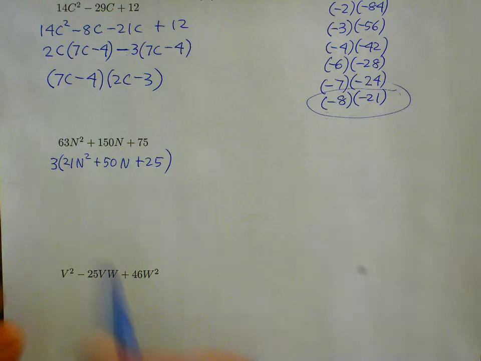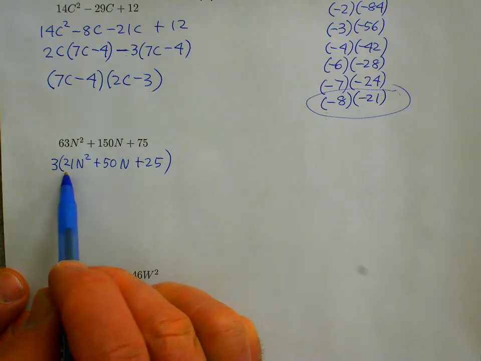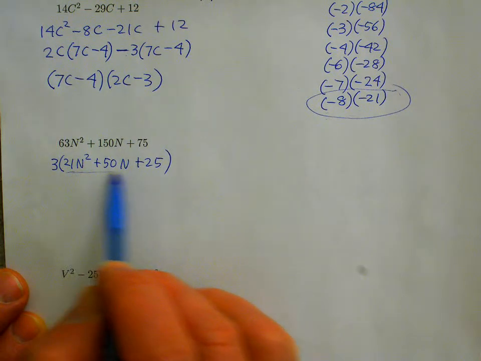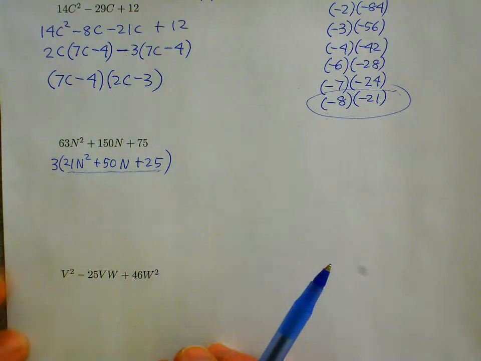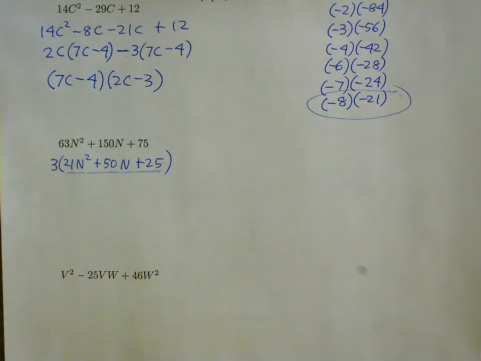So in other words, take a couple of minutes, apply the AC method to that trinomial, 21n to the second plus 50n plus 25.